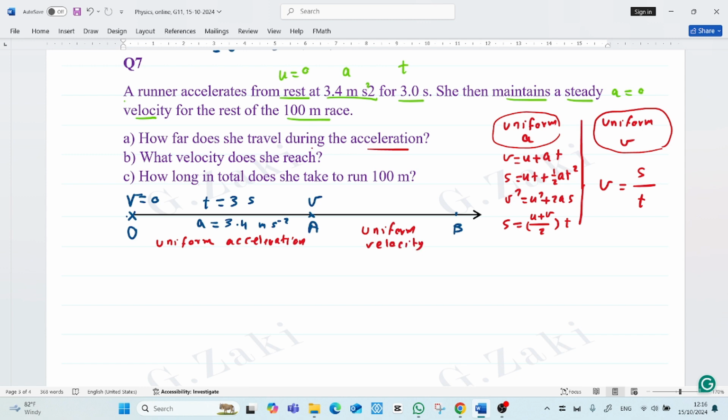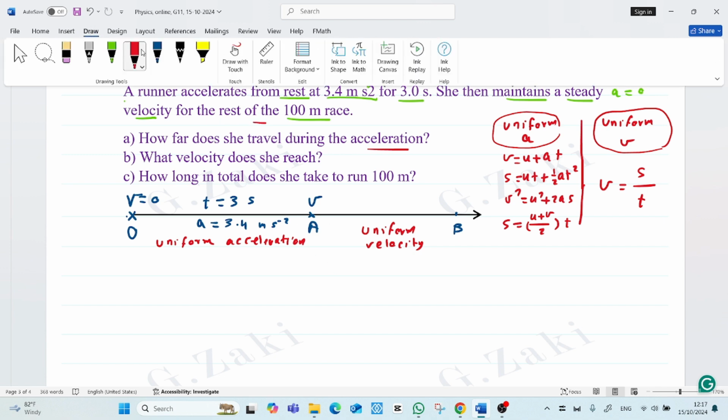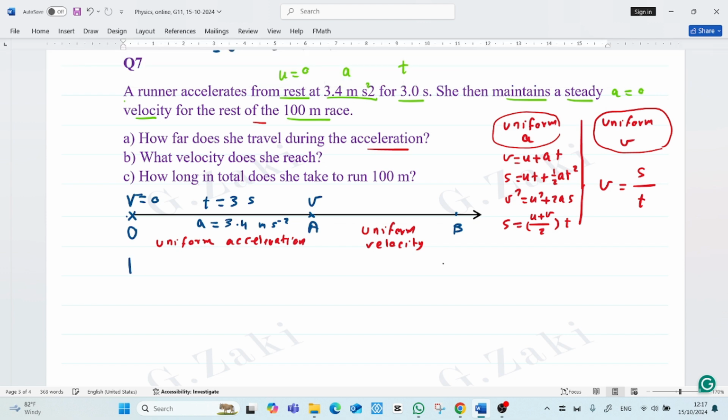The total for the rest is 100 meters. So the total distance between O and B is 100 meters.